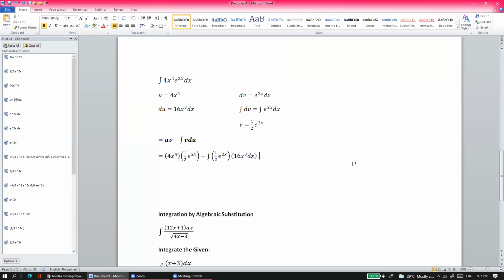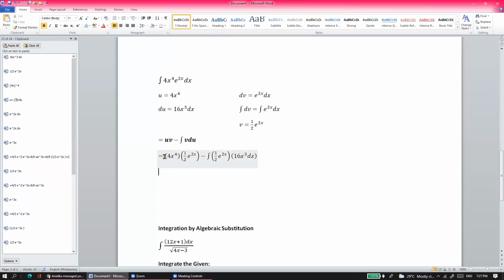So, ano yung susunod na gagawin natin is to simplify the equation first before we proceed to the second part ng integration by parts. Dito, I think, magiging 2 na lang, di ba? Yung unang term. 4 divided by 2 is 2. So, I think we only have 2x to the 4 e to the 2x here. So, let me retype it.